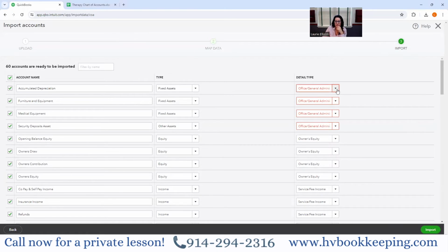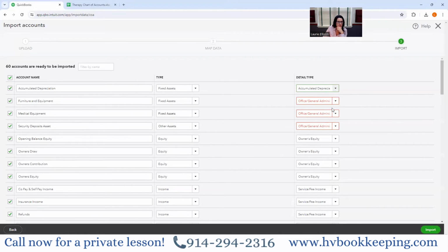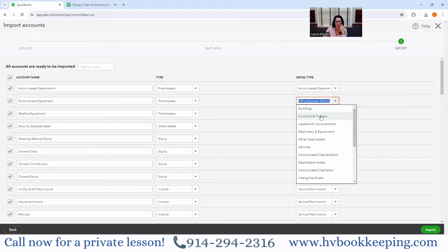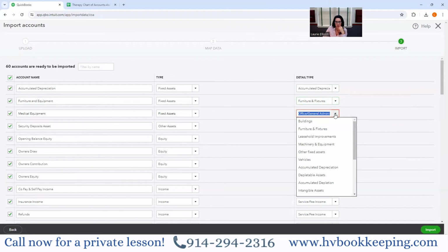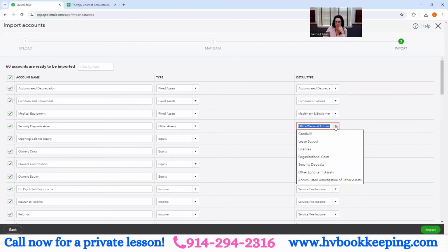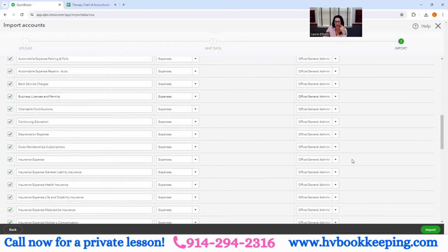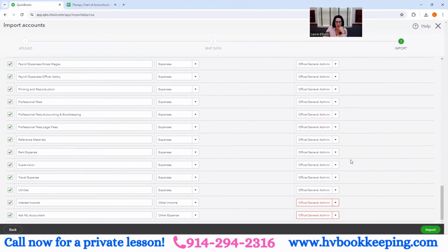So let's see here. It's making me fix some. So I'm just fixing this detail type. Maybe I just didn't like it that I didn't want to be specific. Okay, and I'm going to say import.